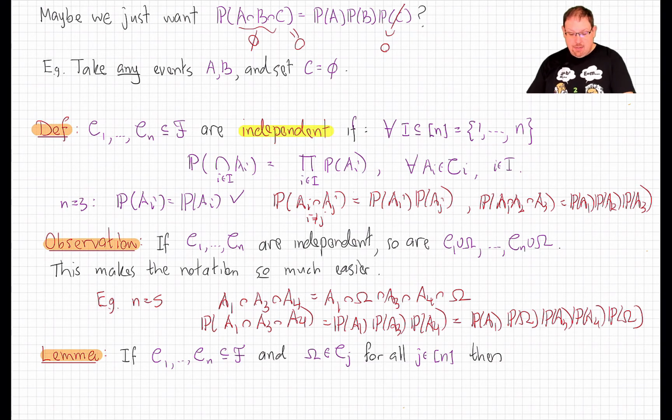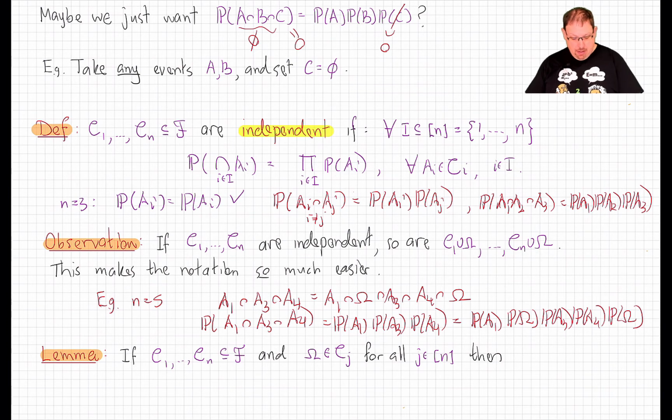And so by allowing the events Ai to include elements of the class Ci and the whole sample space, in other words, by including the sample space in Ci, we can restate independence as just requiring the following.